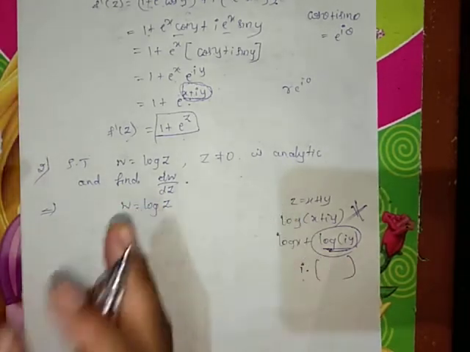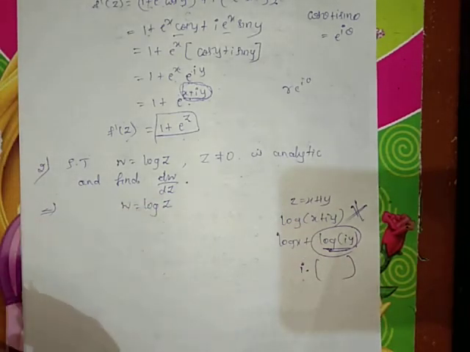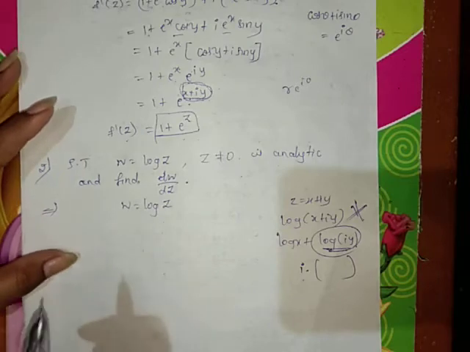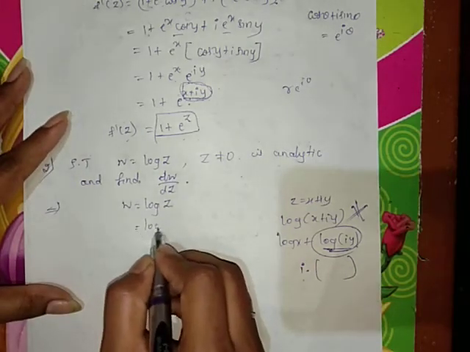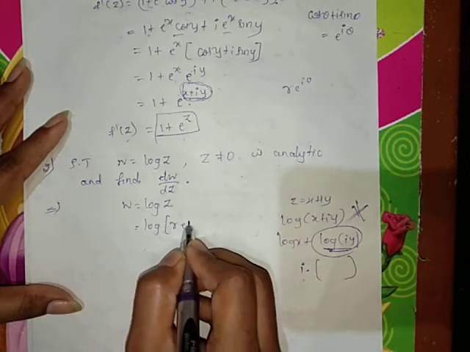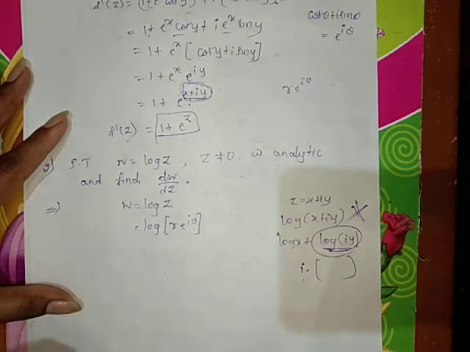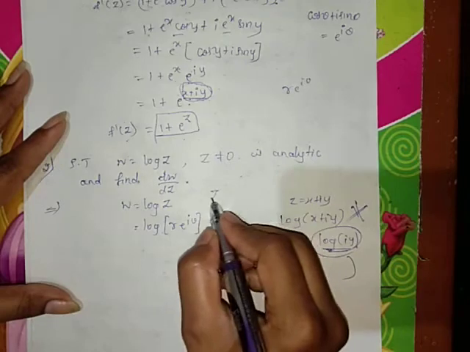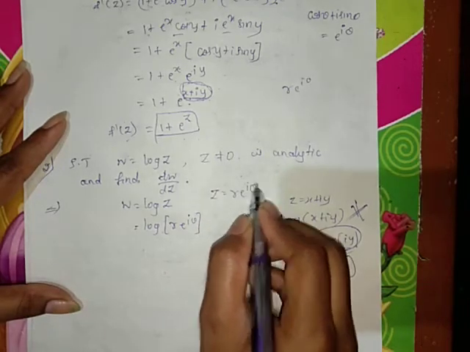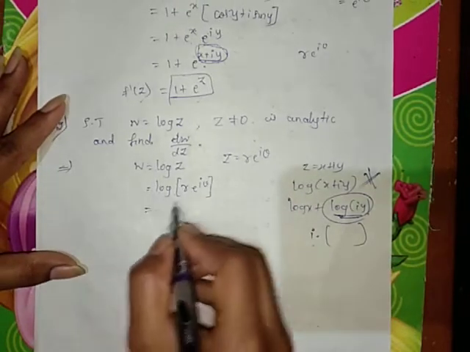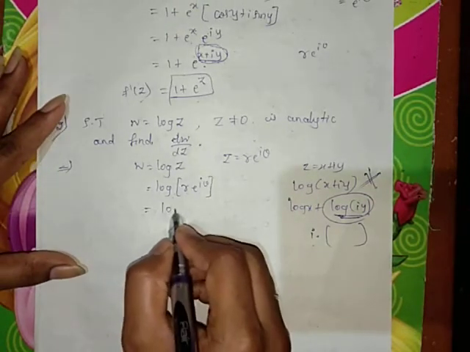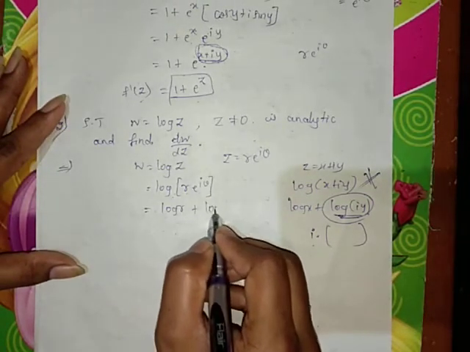Because it is convenient to solve the example in the polar form, we have taken the polar form here. So log of z, with z equal to r into e raised to i theta in the polar form. Now log of ab means log a plus log b.